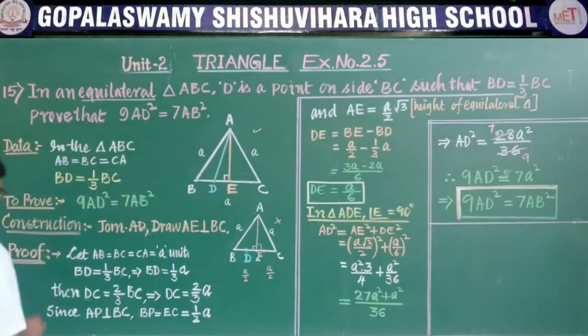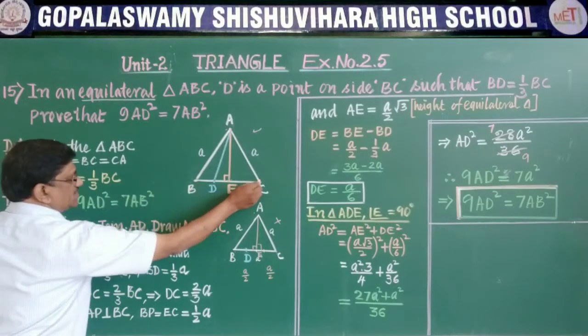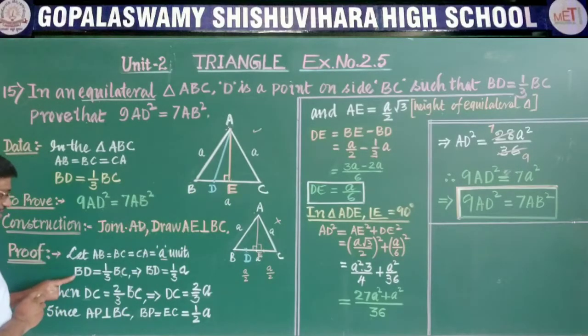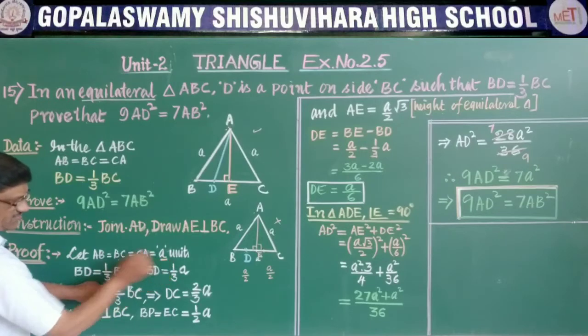Okay. Proof, let us see. AB is equal to BC is equal to CA. Let it be A units. Now what is given here? BD is equal to 1/3 of BC, but BC is equal to A units we have taken, children.